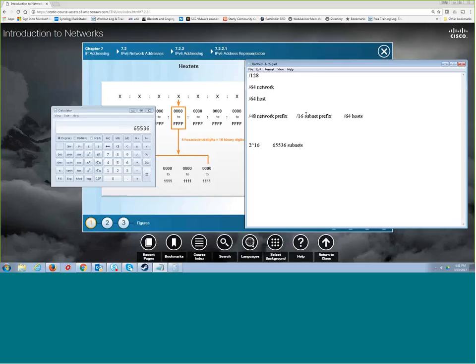Now, each one of those subnets will consist of 2 to the 64 hosts. All right? So if we take 2 and raise it to the 64th host, you've got that many hosts in 65,536 subnets.